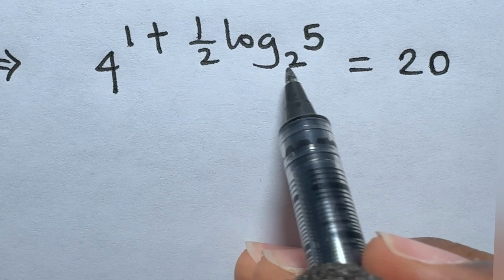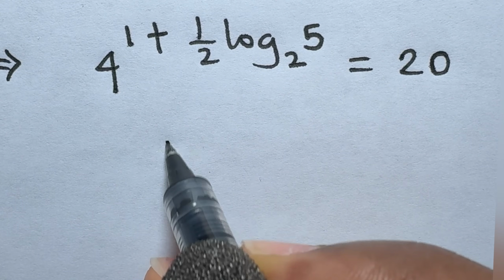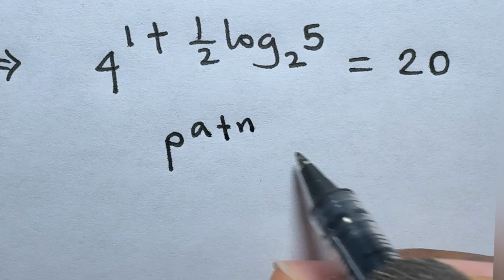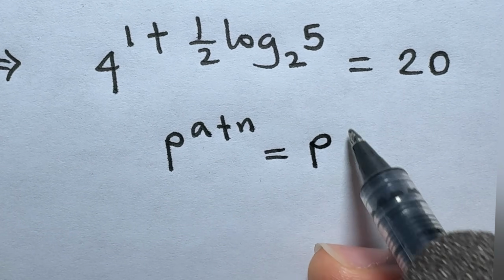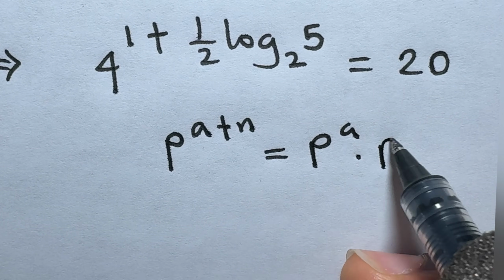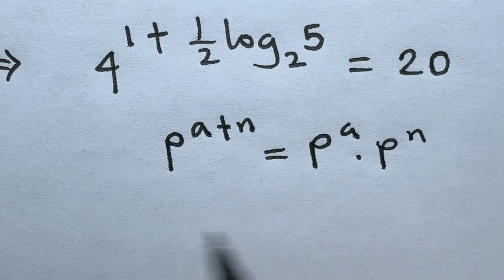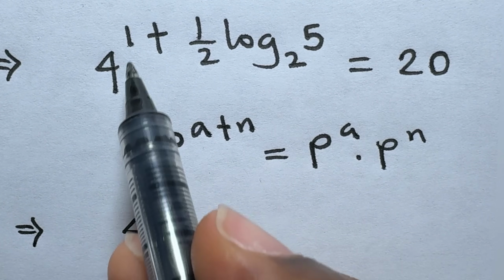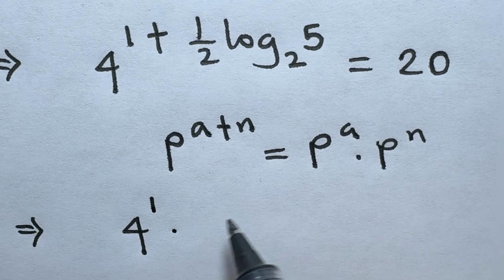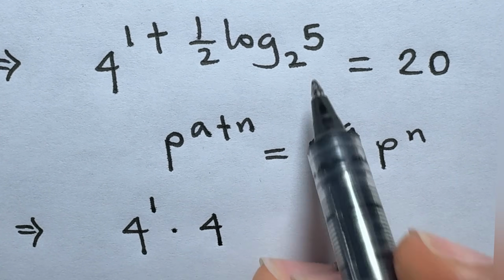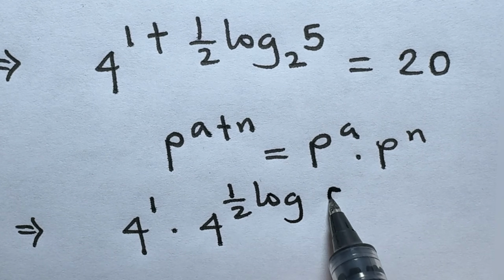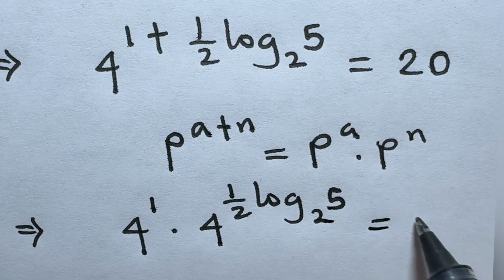We need to separate these powers, and to do that we apply this law of indices, p raised to power a plus n gives us p raised to power a times p raised to power n. So we have 4 raised to power 1 times 4 raised to power half log 5 base 2 to give us 20.